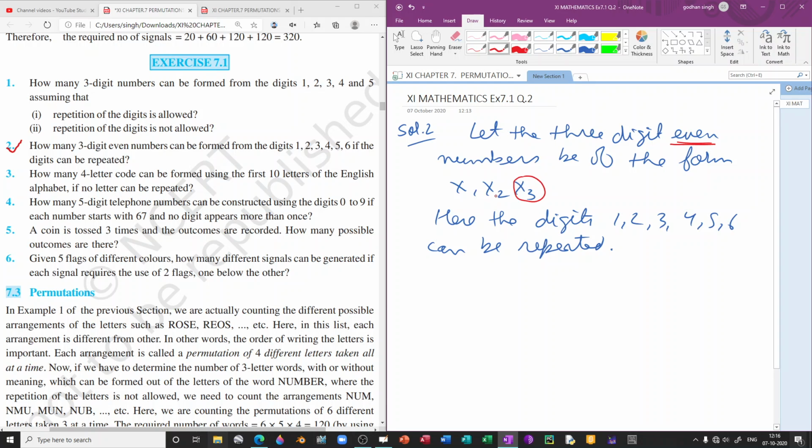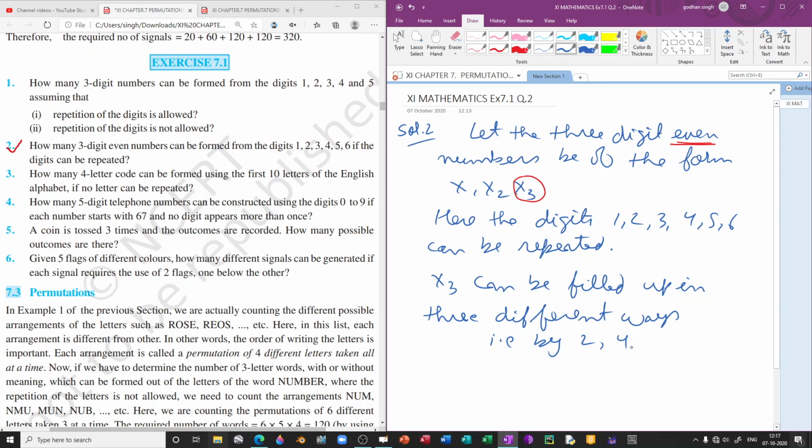So first, to make x1, x2, x3 an even number, we'll fill up x3. In how many ways can x3 be filled up? 2, 4 and 6, because it has to be even. So x3 can be filled up in 3 different ways.